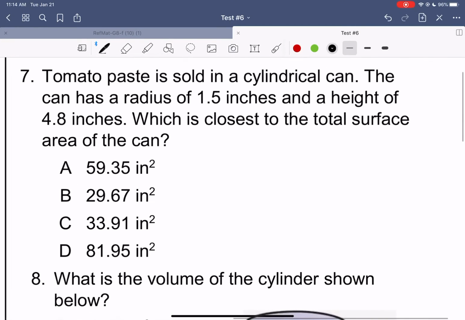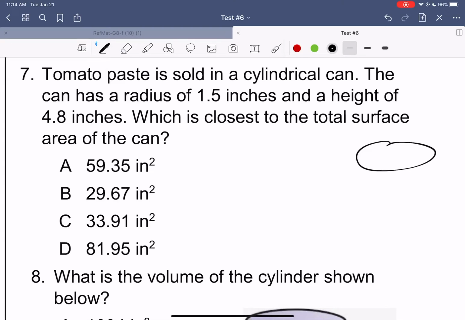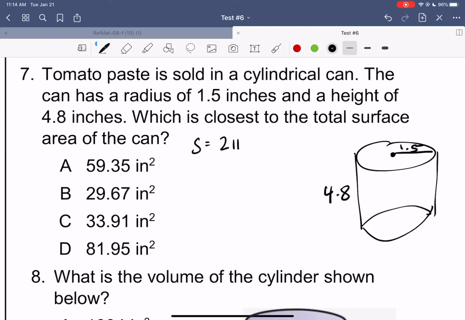Then moving here, we have a cylinder. We have a tomato paste can, that's a cylinder, and the can has a radius of 1.5 and a height of 4.8. What is closest to the total surface area? From your formula chart, we have 2 pi radius times height plus 2 pi radius squared. Our radius equals 1.5 and our height equals 4.8.